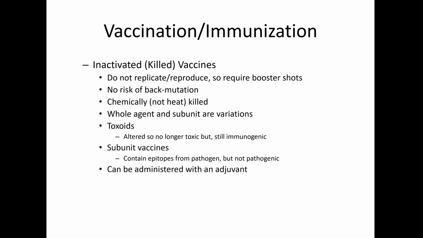In fact, tetanus is a type of toxoid. If you recall, I mentioned this when we were talking about exotoxins. A toxoid is an exotoxin that has been modified so that the toxic part is gone, but the antigenic part is still there.